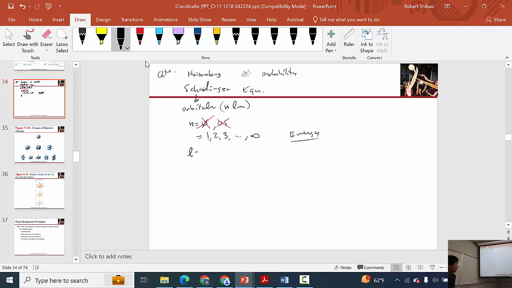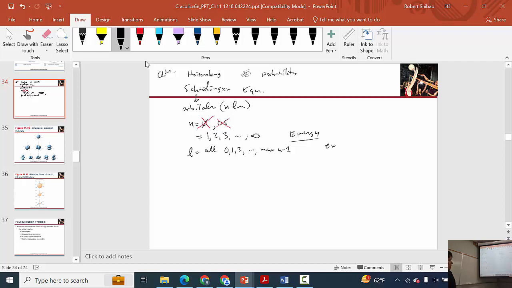Then we have another quantum number, l. l is going to take on all values from 0, 1, 2, to a max of n minus 1. So what we have to do is we have to look at n. l is a function of n.